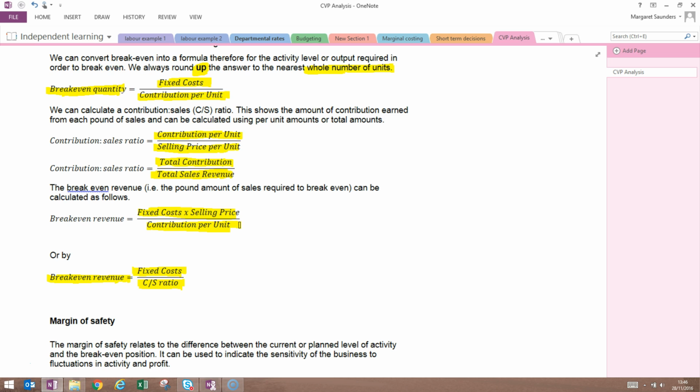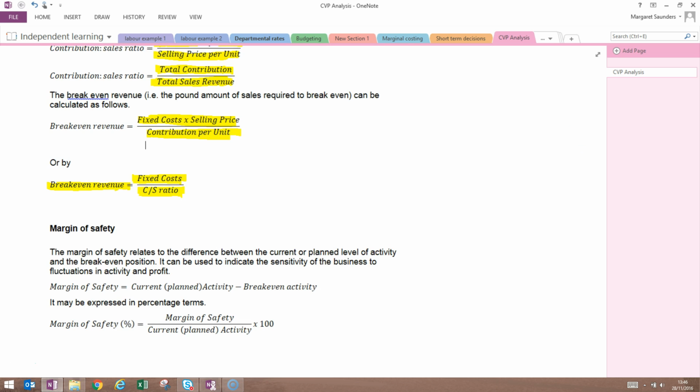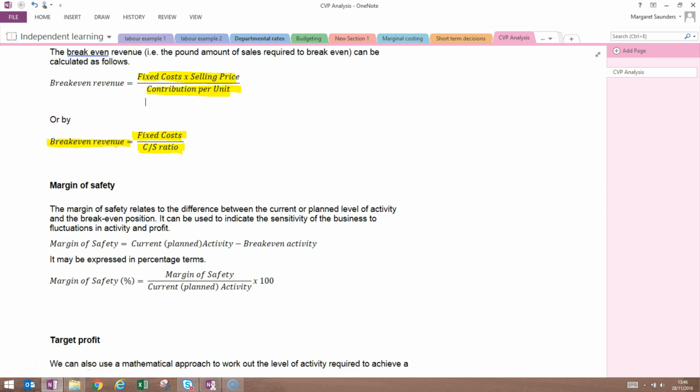So that's your break-even point. Secondly is the margin of safety. So how far above break-even are our actual sales or our planned sales? So margin of safety is our current or our planned activity minus the break-even activity. And that gives us an answer in units.